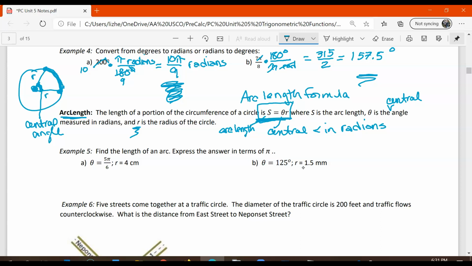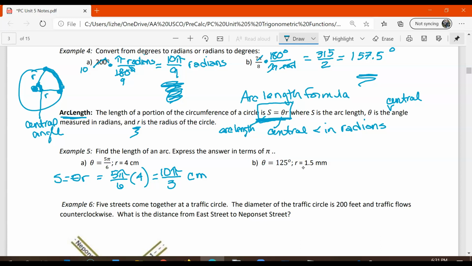So here's our formula, S equals theta times radius, which means I have 5 pi over 6 times 4. And that is going to give me 10 pi over 3 centimeters. The length is in centimeters.